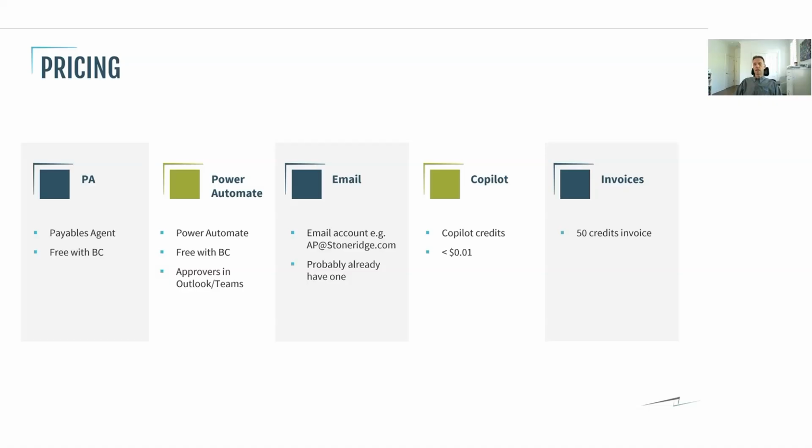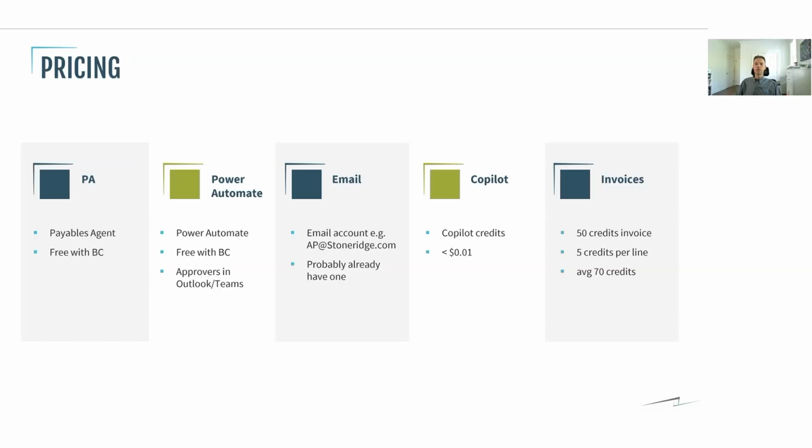For the 50 cents, it's going to find you the vendor, the invoice number, the due date, posting date, all that kind of stuff. Then it needs 5 extra credits for each line, right? What we see with most of our clients is between 4 to 5 or 6 lines on average on an invoice.